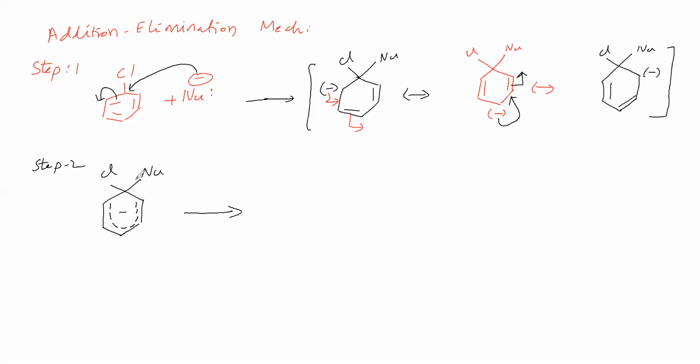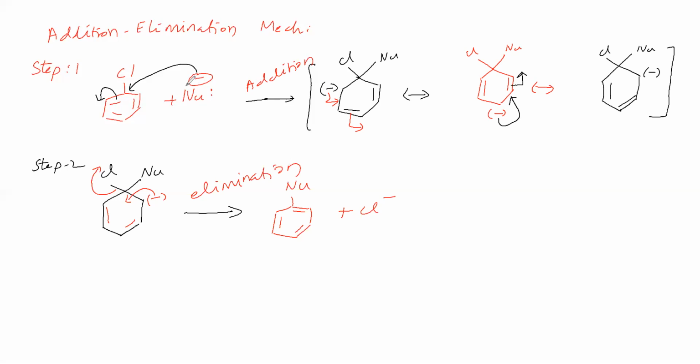For this we will take one of the resonance structures instead of the resonance hybrid. Here we take the negative charge; it becomes a pi bond. The Cl takes this bond and becomes Cl minus and leaves. The nucleophile has made a bond with the carbon. Here Cl minus is leaving, therefore it is elimination. Here the nucleophile is adding, therefore it is addition.